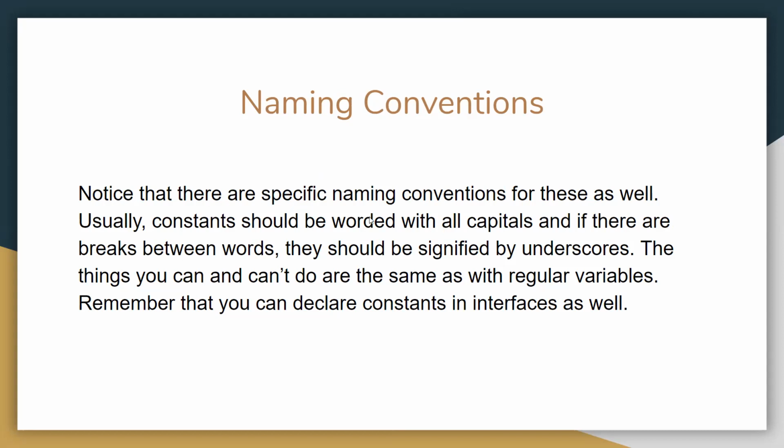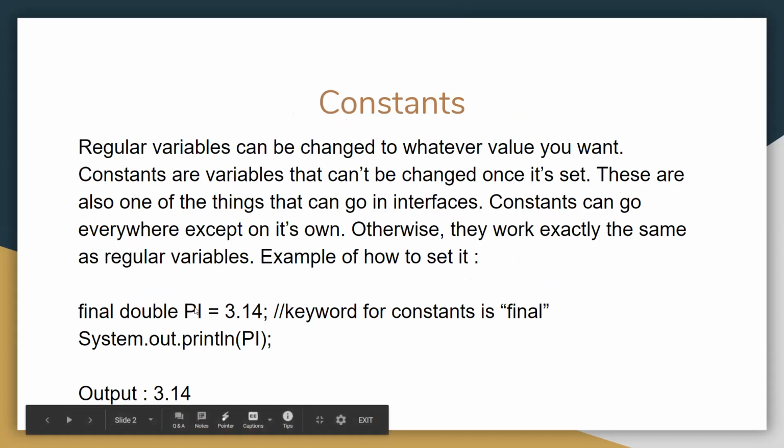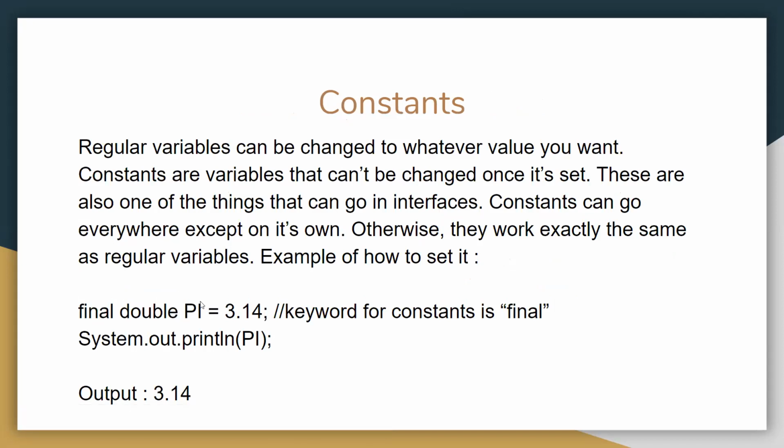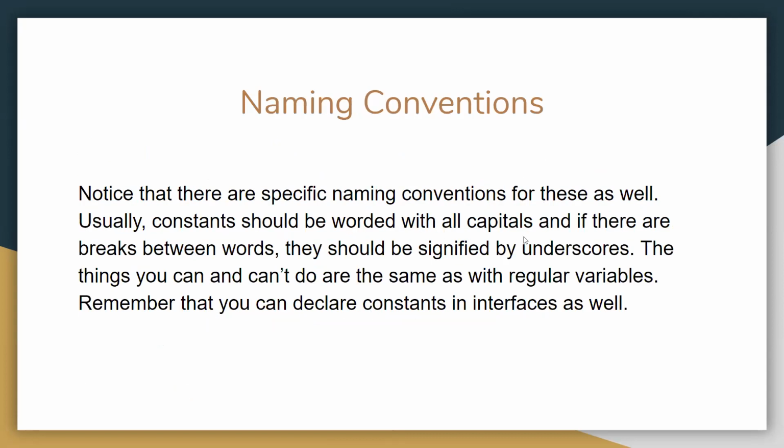Usually constants should be written with all capitals, and if there are breaks between words, they should be signified by underscores. You could see back here with pi, I capitalized all the letters. But if I wanted to name it two pis, then I would have to do PI, underscore, and then another PI, with capital letters. So generally, that's the naming convention for this.